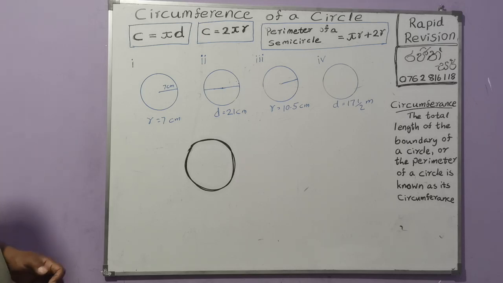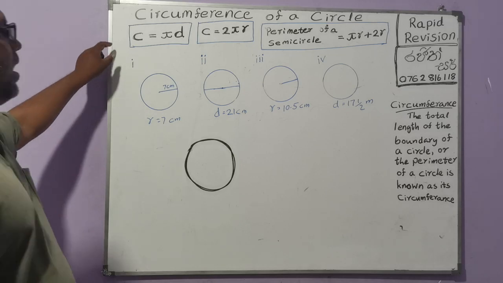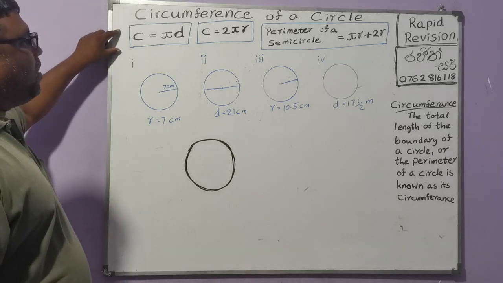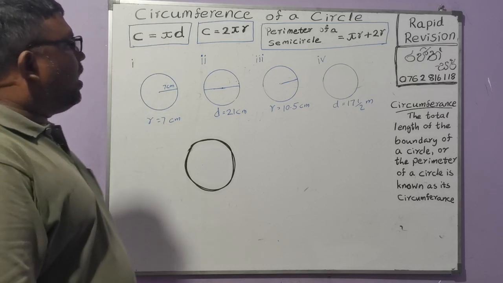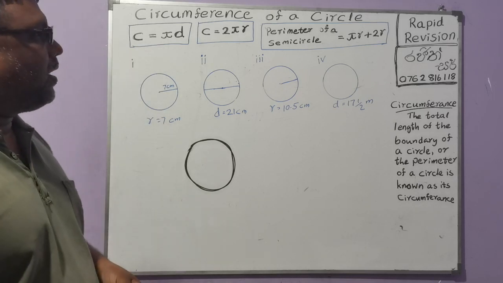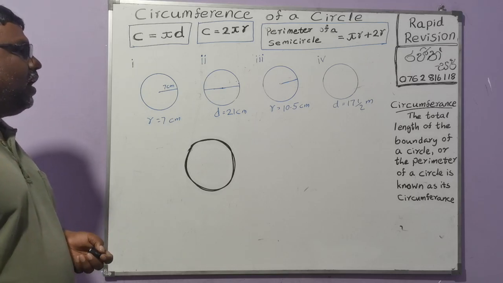Then you can remember we had two equations for circumference. One is pi d, the second one is 2 pi r.